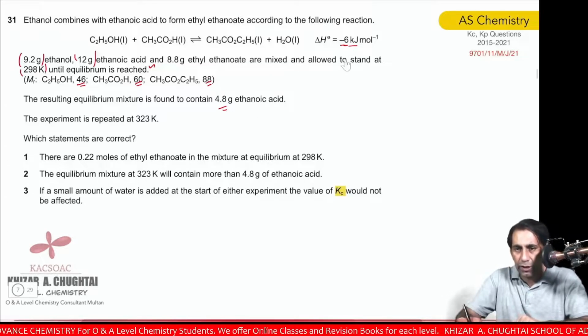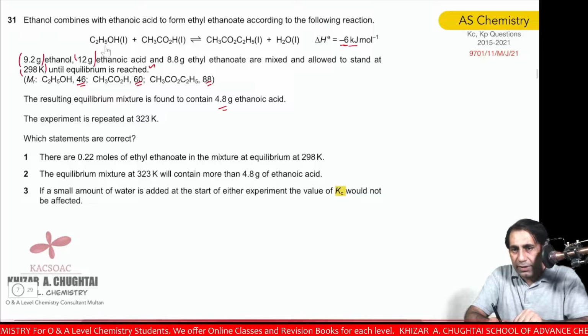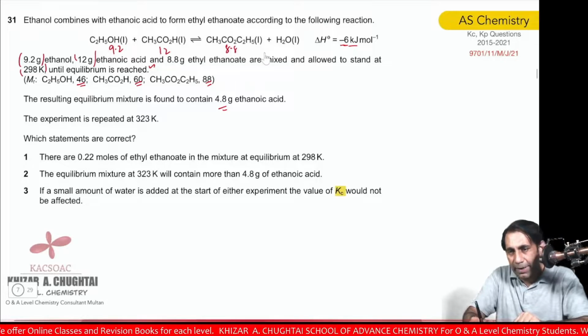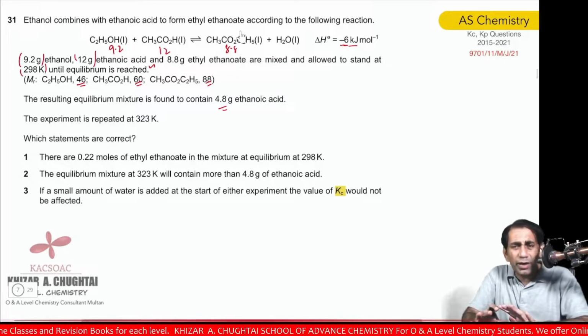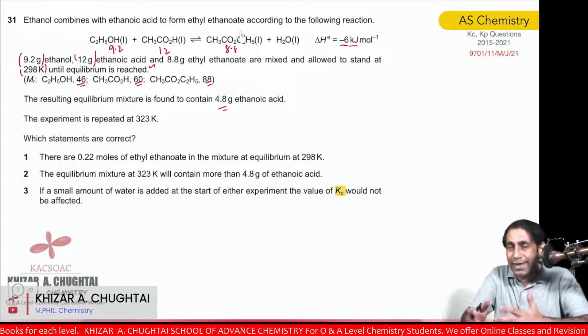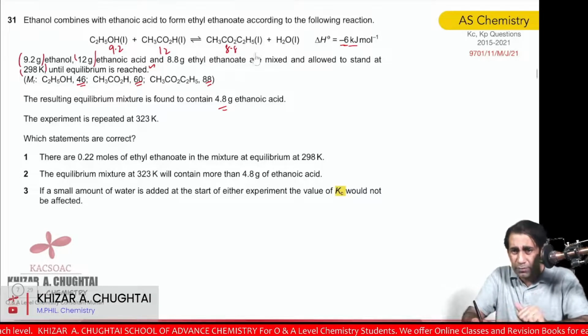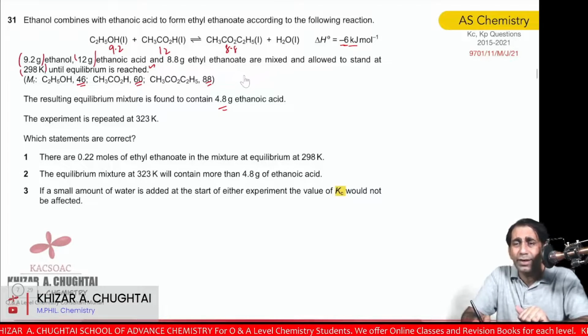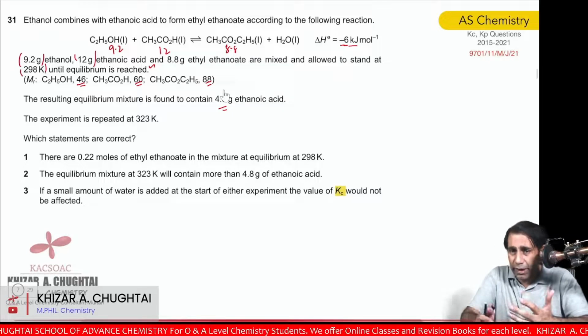Once again, initially, we are having ethanol 9.2 grams, 12 gram, and 8.8 gram. Once again, we are having the quantities of both components, reactants as well as the products. So once again, we will have to check the direction of the reaction.